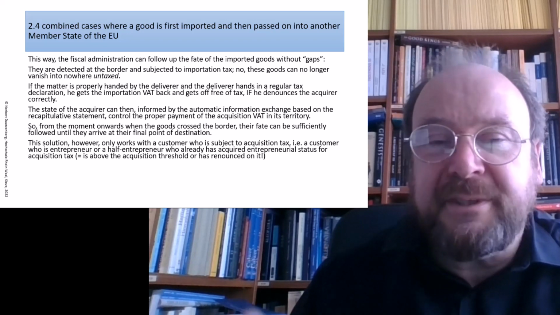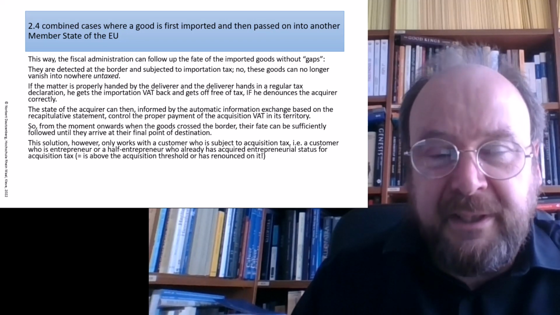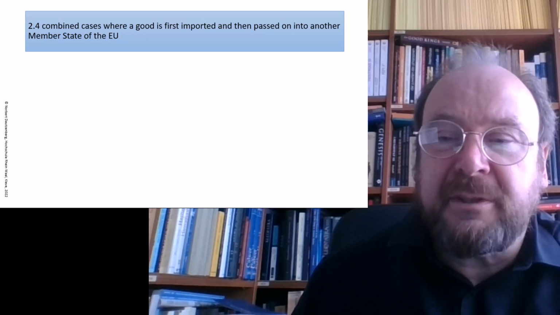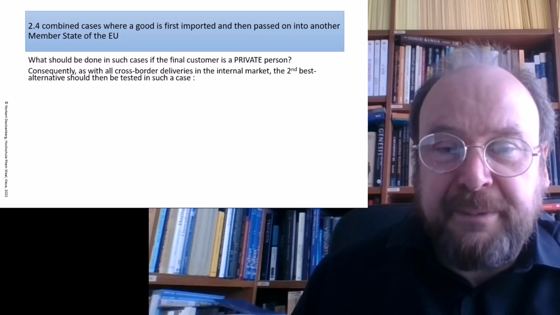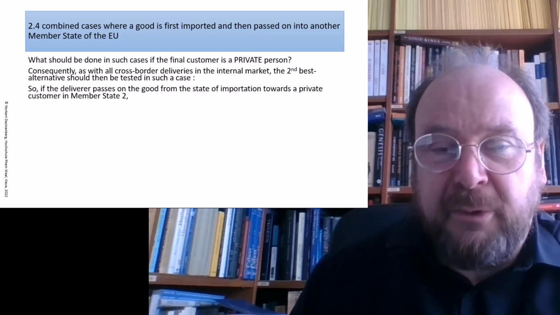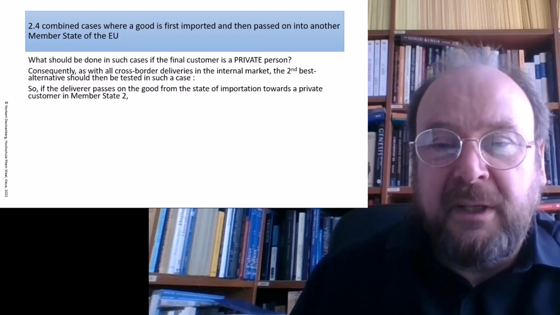Indeed, so distance selling rules. So indeed, that should be expected here. So in that case, we would expect a slightly different solution. You cross the border, pay the importation tax in state 1.